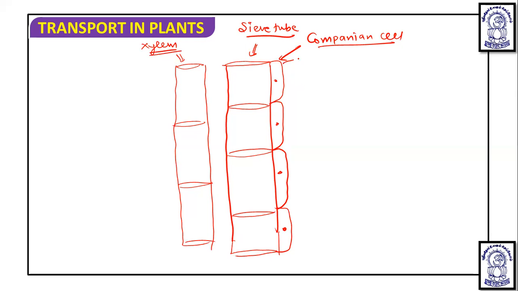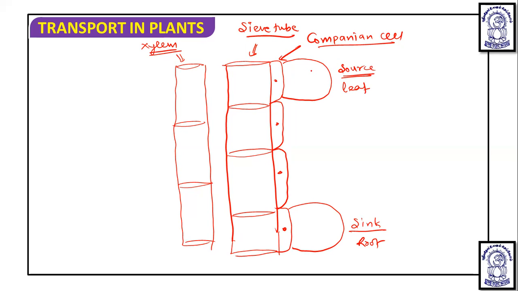Now suppose this is acting as a source, and the source usually acts as a leaf, and suppose this is the sink, which is a root, obtained as a storage organ. Now, what happens at the source?